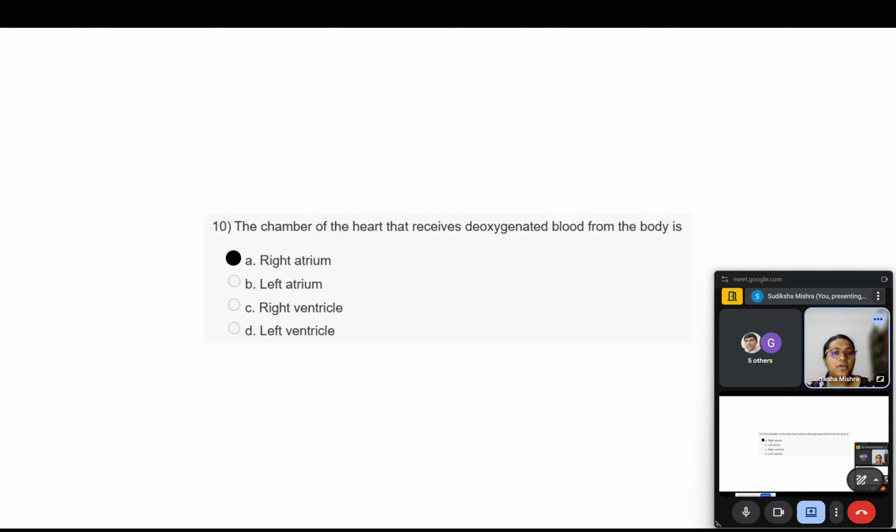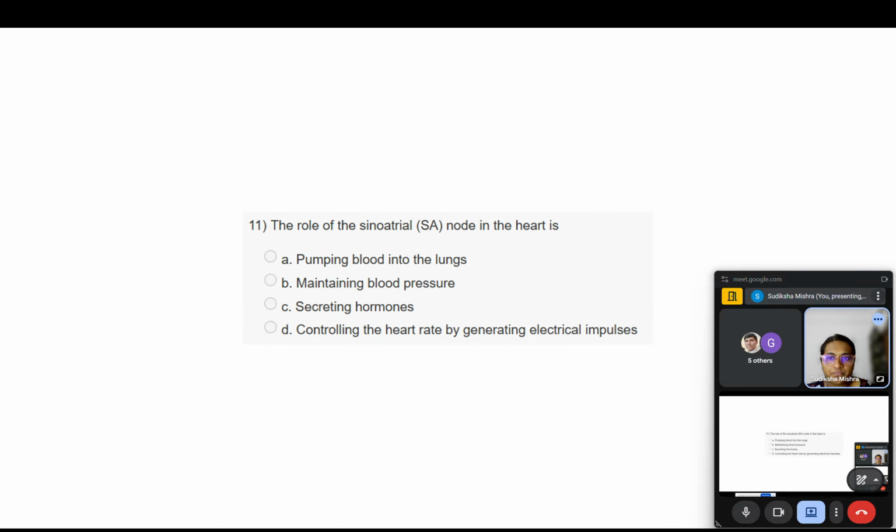The oxygenated blood then comes into the left atrium, then into the left ventricle. From the left ventricle it can then send the blood to the rest of the body and to the muscles of the heart as well.